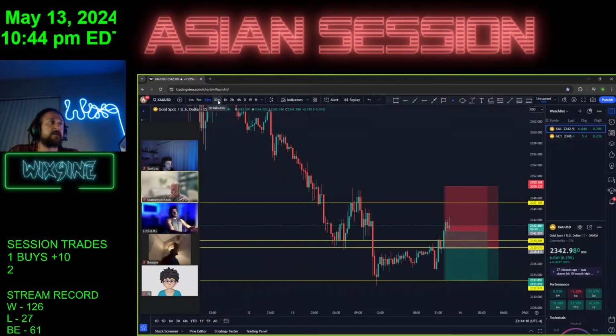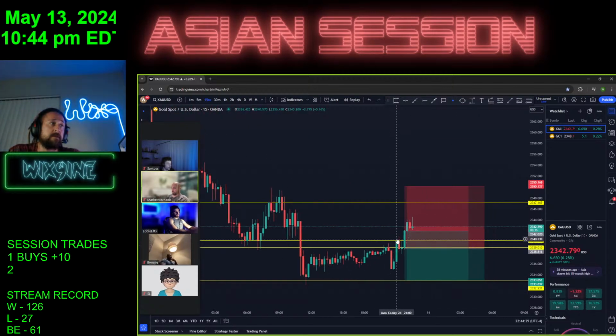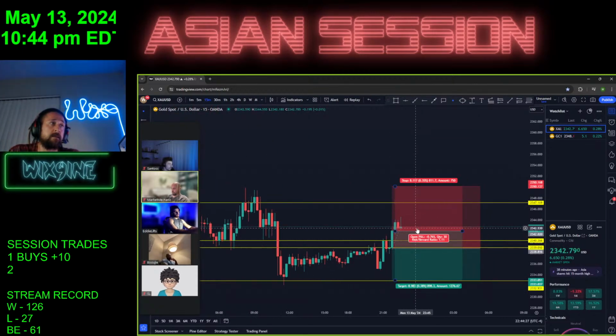Got a 15 closing here, and it's holding, right? 15 is going to close bullish, holding that little minor support. But there's also a level here, so if I'm not mistaken, we might see a rip down immediately.